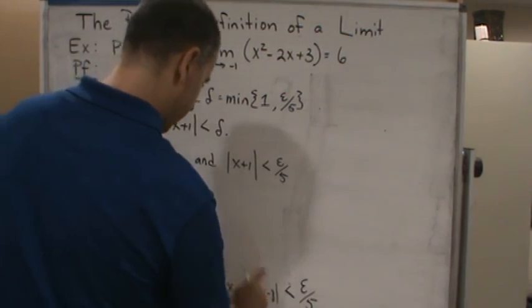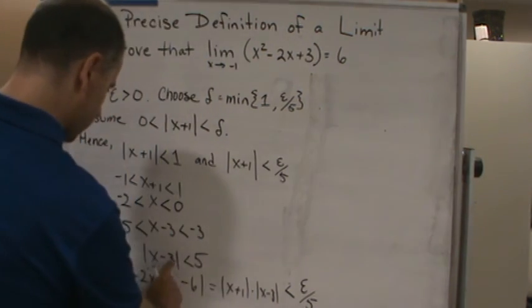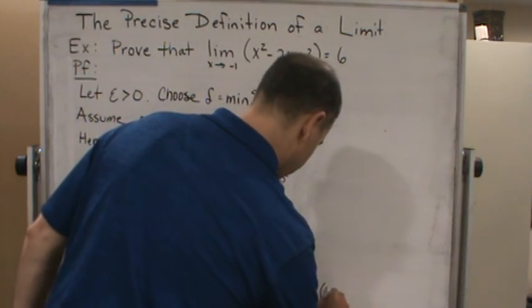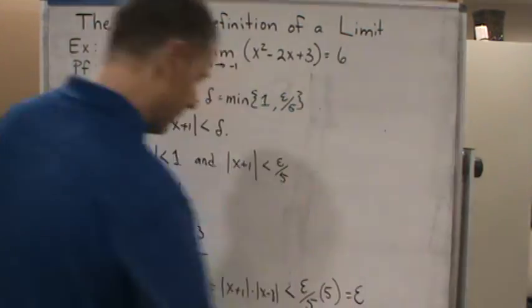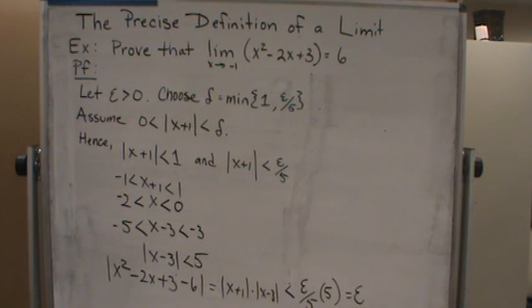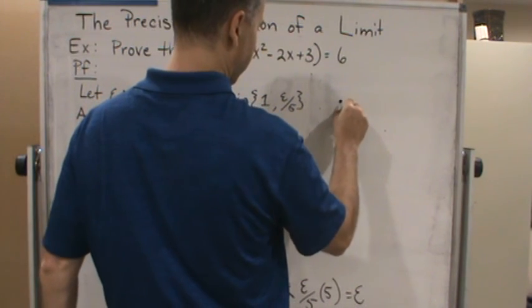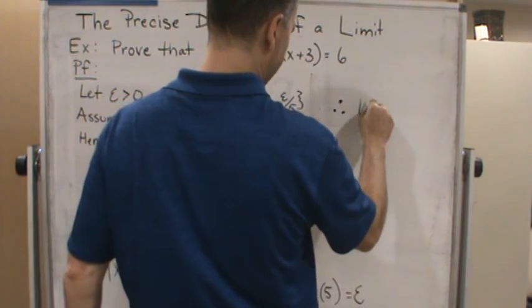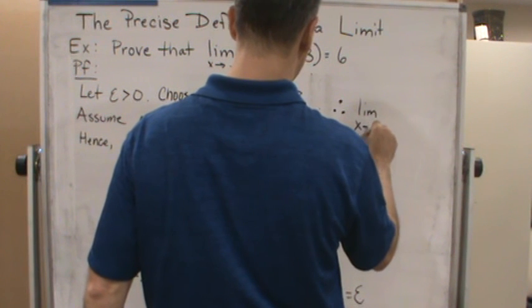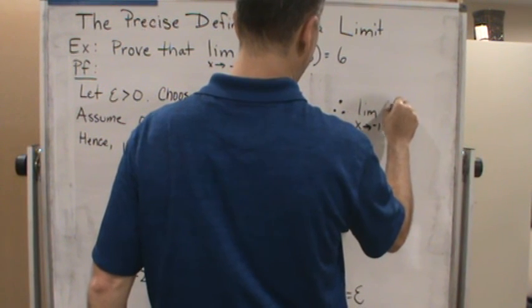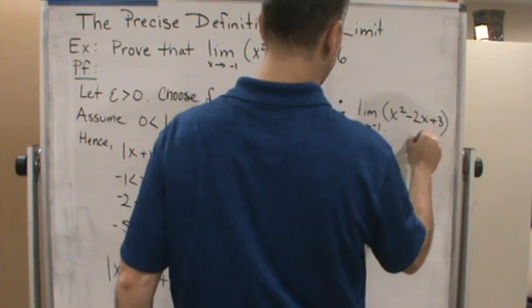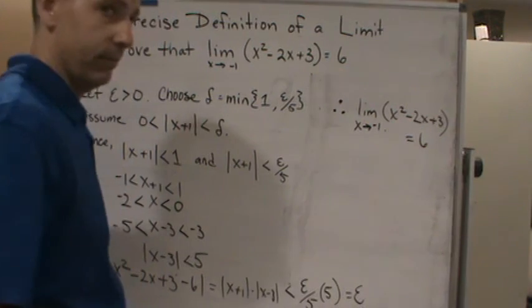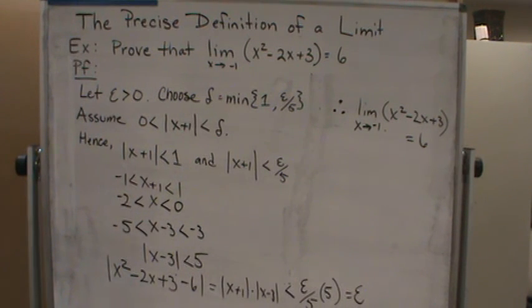So here gives us this one, and then here is right here. So, which equals epsilon. Therefore, we're done. So now, therefore, the limit as x approaches -1 of x squared minus 2x plus 3 equals 6. And we're done. Have a great day.